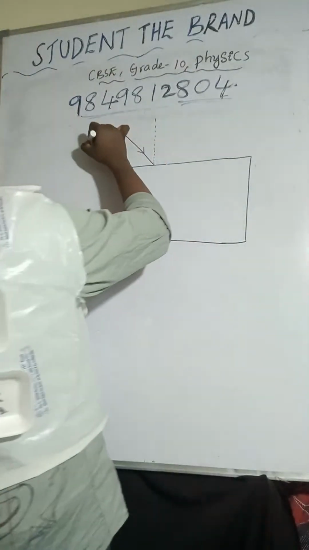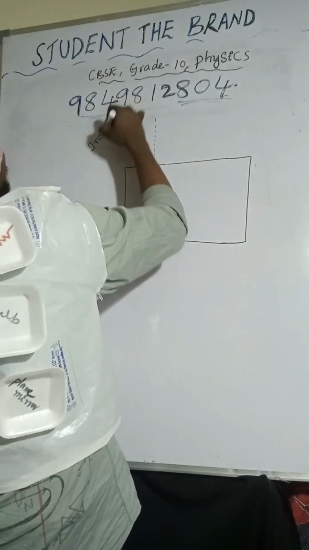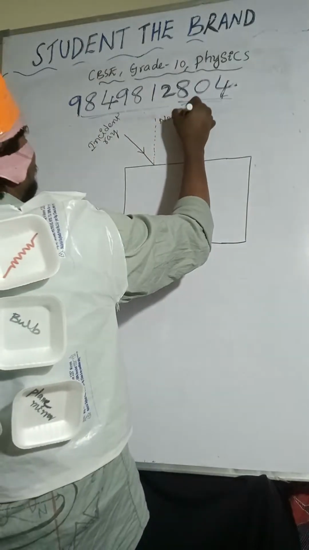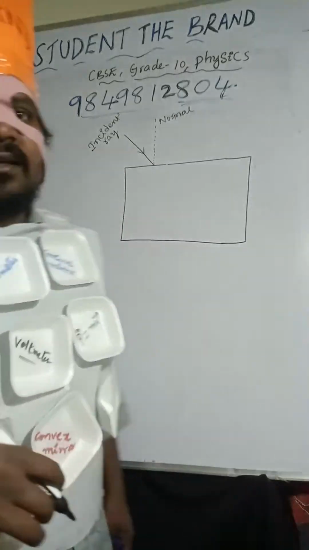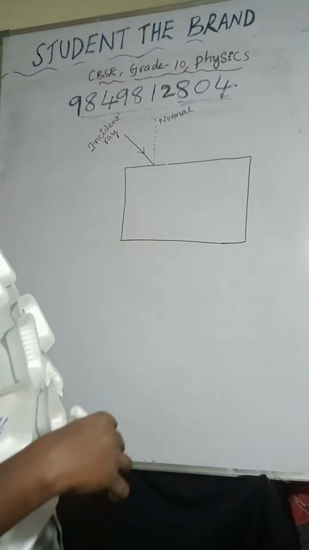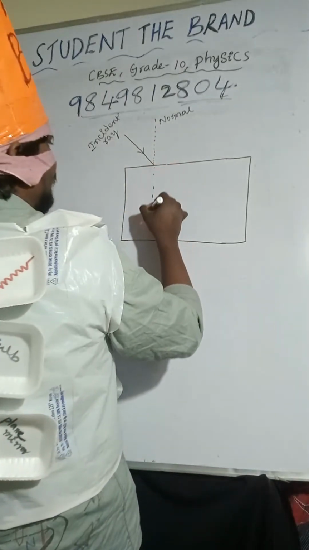So incident ray, this is the incident ray. This is the normal. This is a normal line.